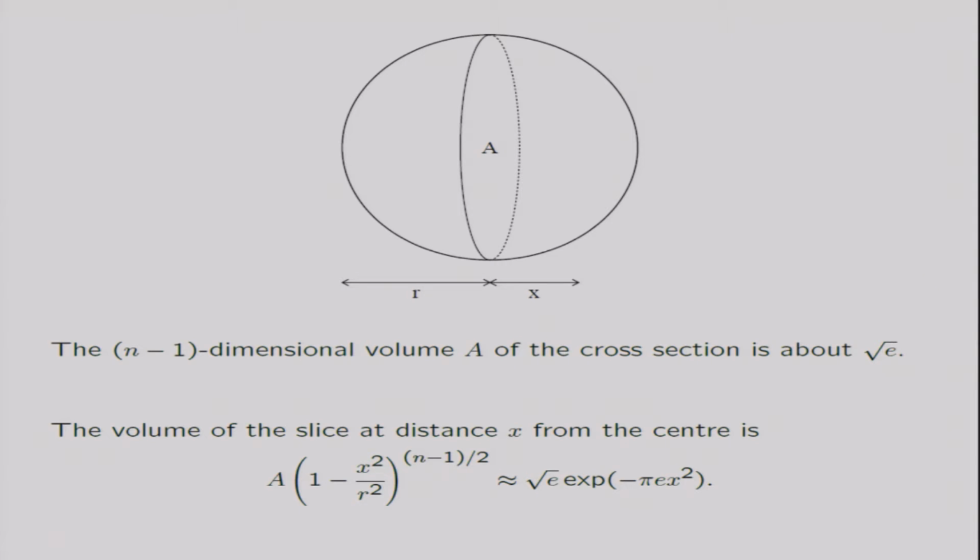And that will give you the area of the slice at distance x. And then you can approximate this reasonably well by using the standard exponential approximation. Remember that r squared is about n. So you've got 1 minus x squared over n to the power n. So that's roughly e to the minus something times x squared. And that something doesn't depend on n.